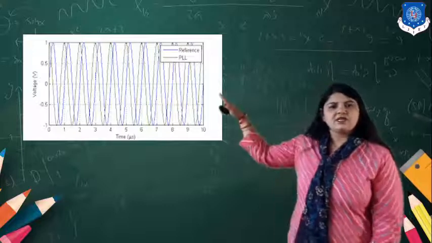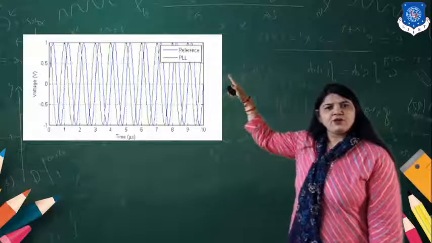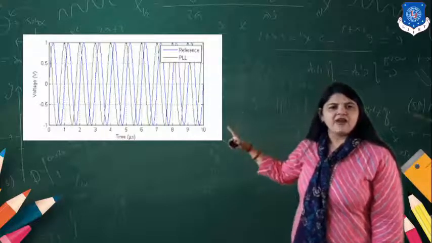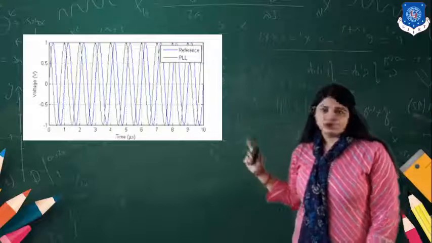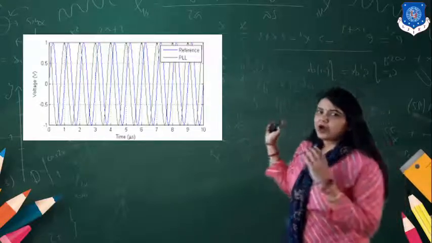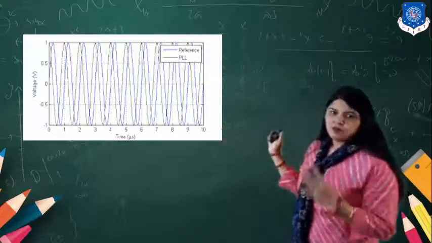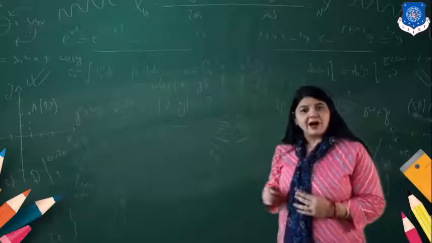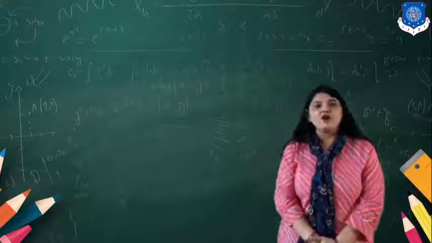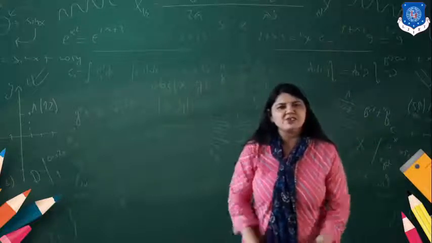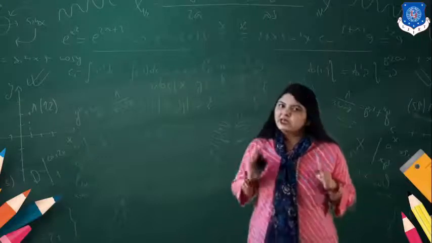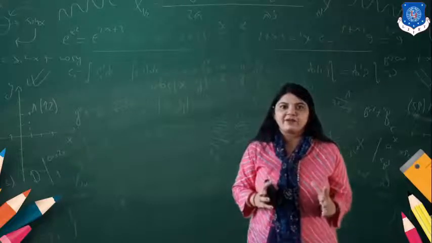Here you can see the reference output and the PLL output, in a graph of voltage versus time, and how we are obtaining the modulating signal. So it is about the method for generating the FM. This is the end of the generation and the demodulation of the FM.